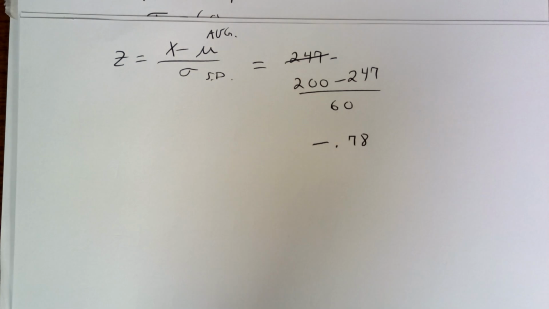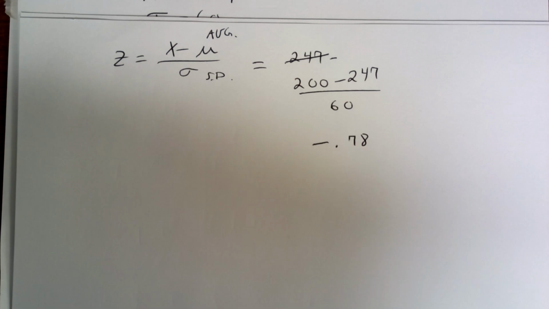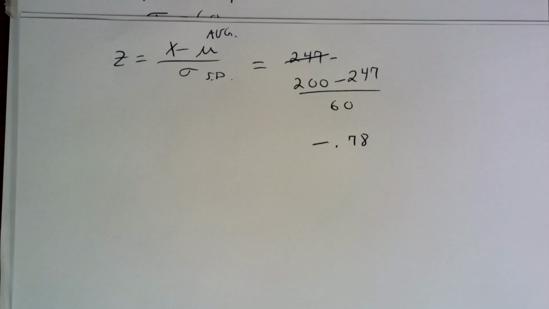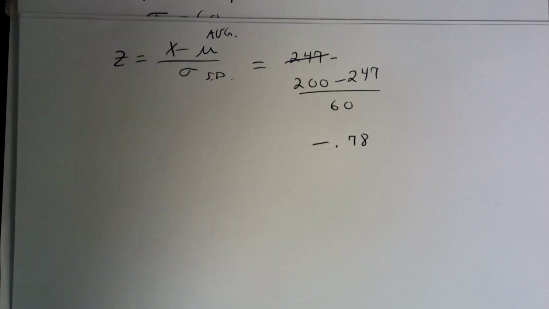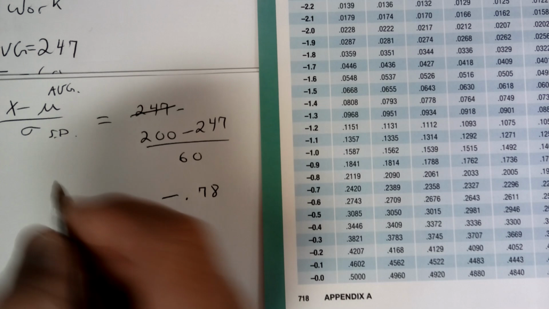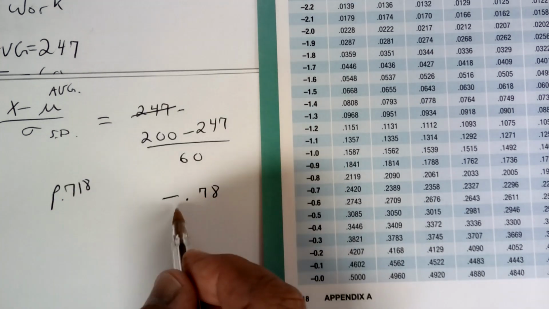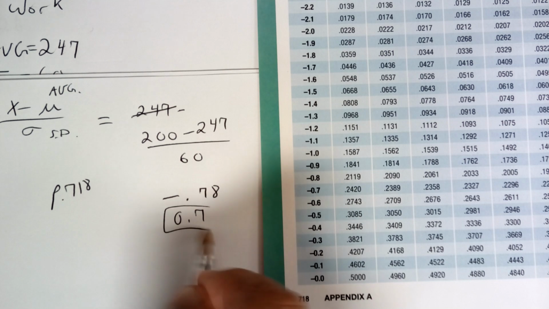Now let's take a look at the chart here. So a negative 0.78, let's see if we can find that one. Okay, here it is right here. So go to page 718, and we want 0.7 will be the first one, a negative.